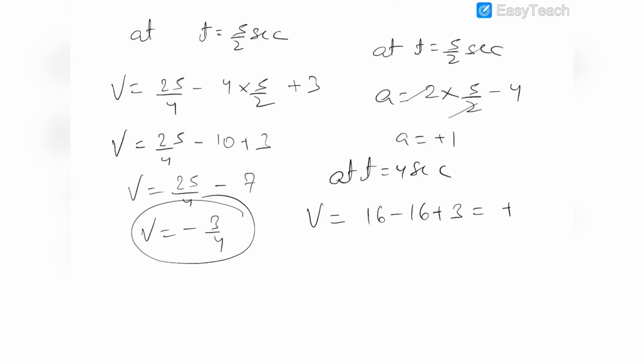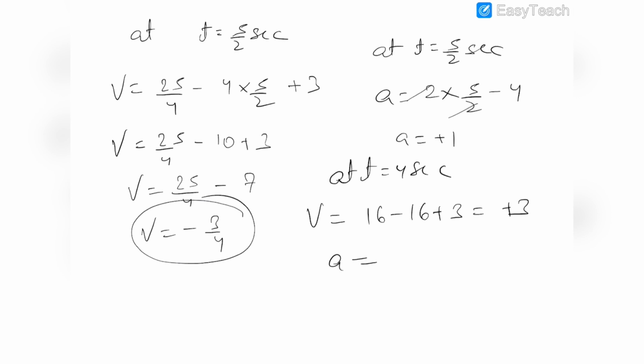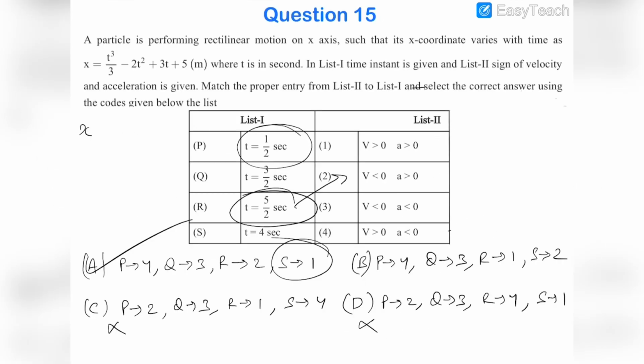So v is plus 3, and a is 2t minus 4, so 2 into 4 minus 4. This is plus 4. So a is also positive and v is also positive. So the correct matching for option S is also 1. So the correct match for this one is option A.